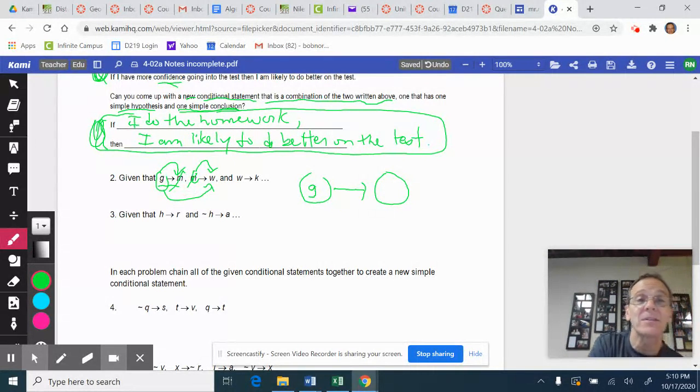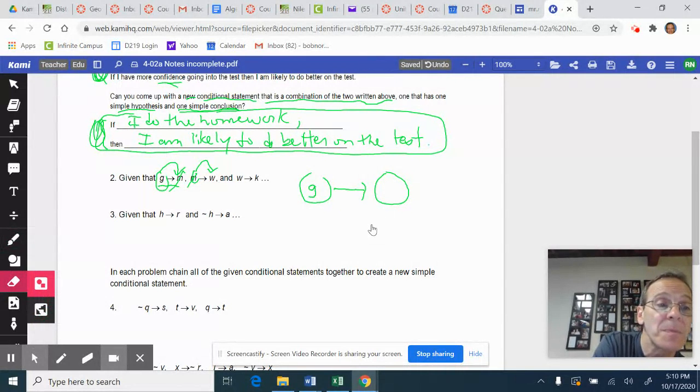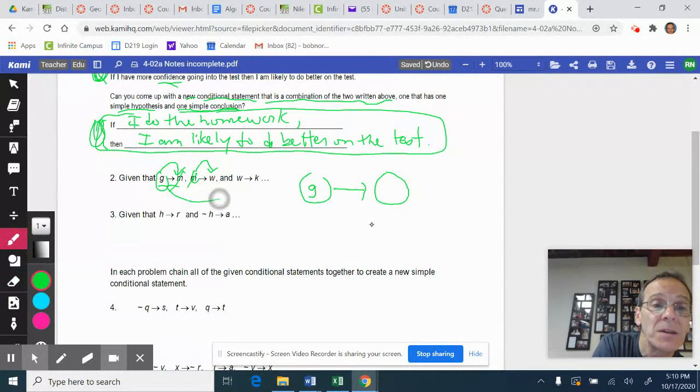Take the M's out of the whole system. G is guaranteed to lead to W, but W leads to K. And so ultimately, G leads to K. That's what I'm looking for you to be able to do.